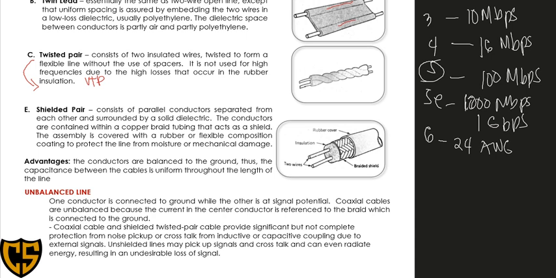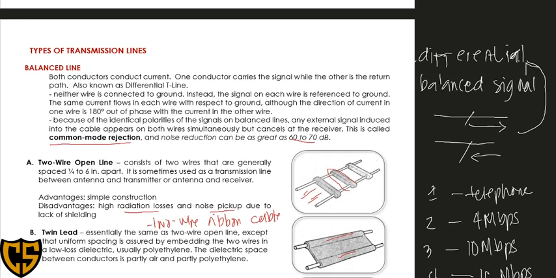The assembly is covered with a rubber and flexible composition coating to protect the line from moisture. The conductors are balanced to the ground, thus the capacitance between the cables is uniform throughout the length of the line. Of course, because we have shielding, our transmission of signals is more stable. So this is it for our balanced transmission line.